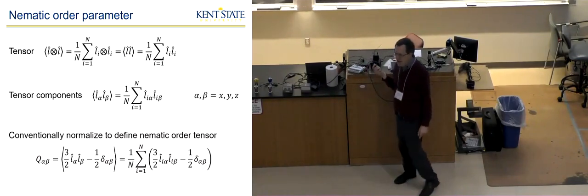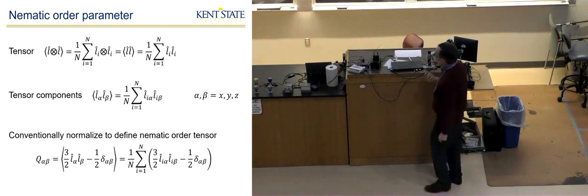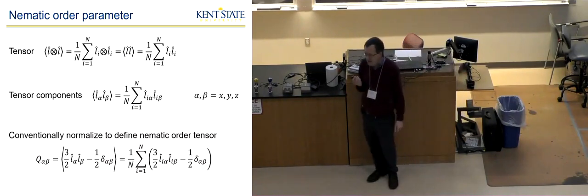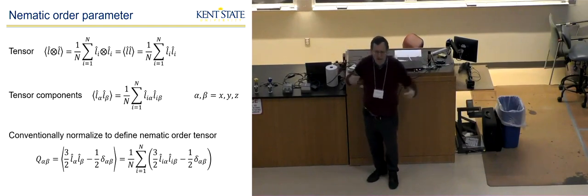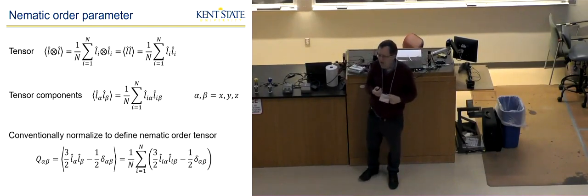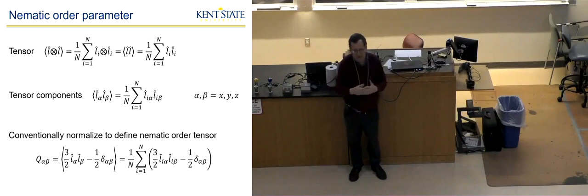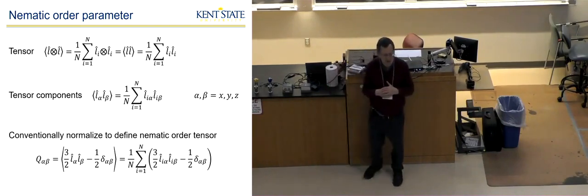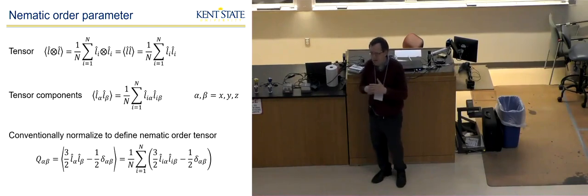So the tensor product is a third way of multiplying vectors, unlike the dot product and the cross product, right? The dot product takes two vectors and gives you a scalar. The cross product takes two vectors and gives you another vector, really a pseudovector.